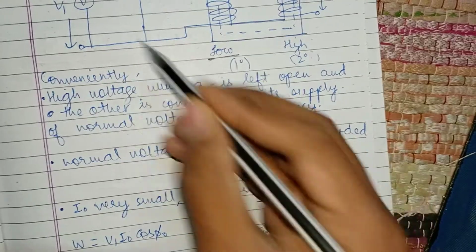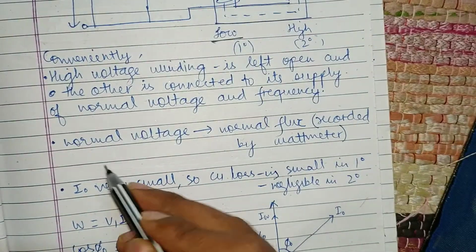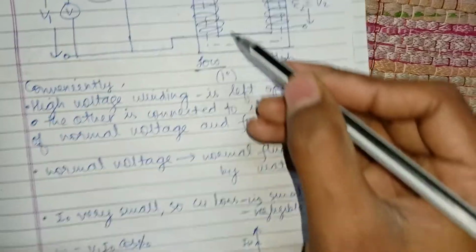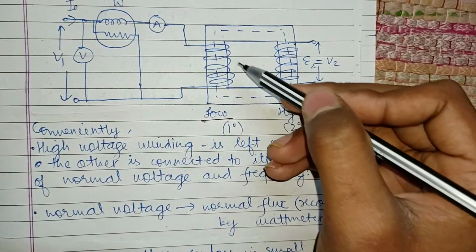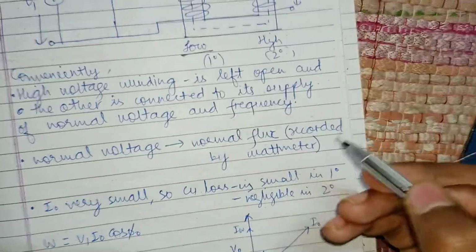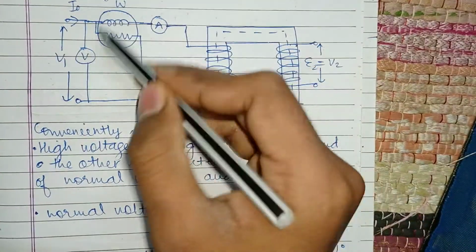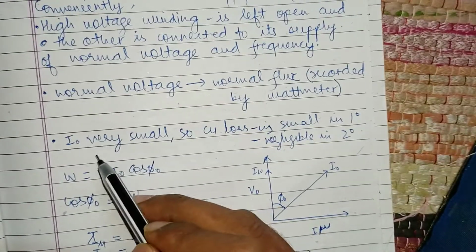Normal voltage and frequency are supplied through this source. Since we have been supplied with normal voltage, normal flux will be generated in the winding, and this is recorded by our wattmeter.